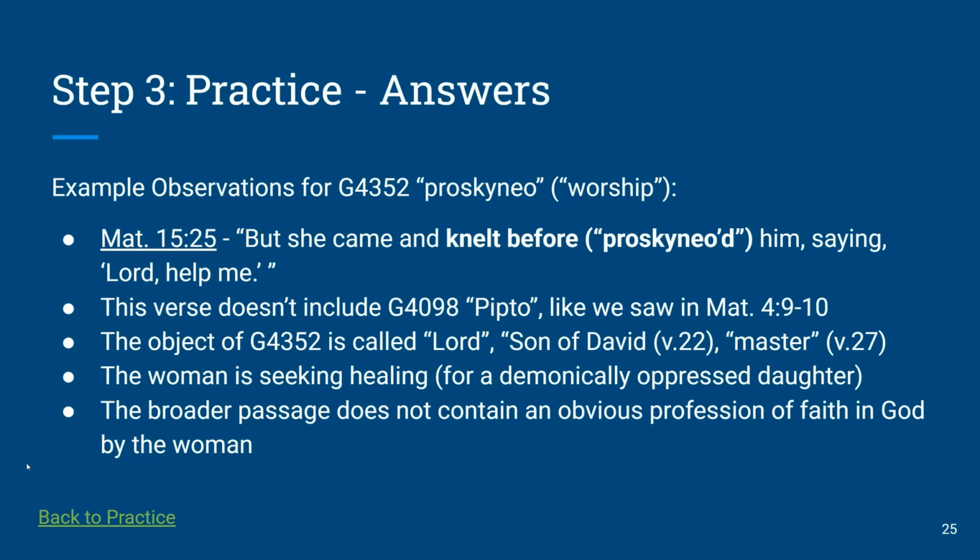The closest thing that I think maybe we get is just the fact that the woman calls Jesus Lord, Son of David, and Master. But worship in this case is not necessarily to someone who is obviously called God, right? It's to, once again, a Canaanite woman who is kneeling down before a physical flesh and bones person, and that is the context in which this word proskuneo appears.